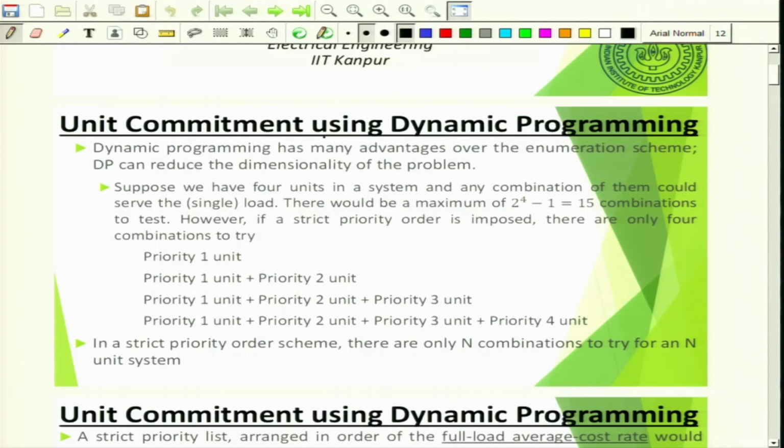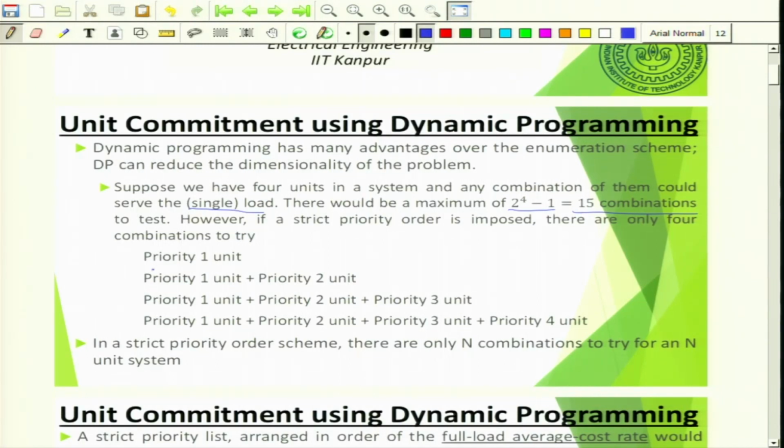Suppose we have 4 units in a system and any combination of them could serve the single load. There would be a maximum of 2 to the power of n minus 1, which is equal to 15 combinations possible to test. However, if a strict priority order is imposed, there are only 4 combinations to try.